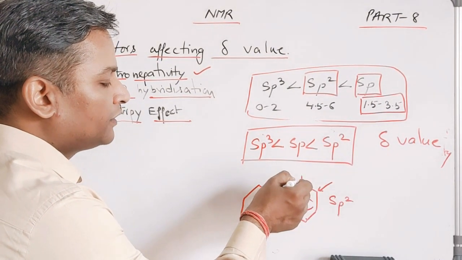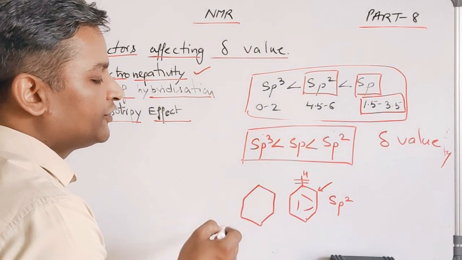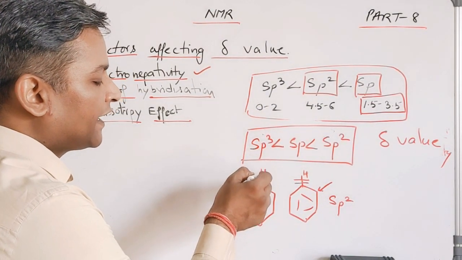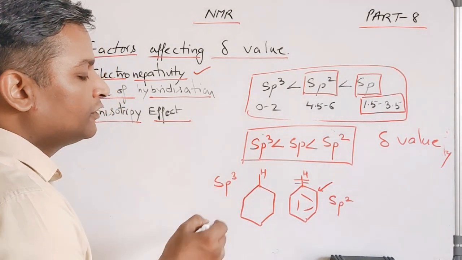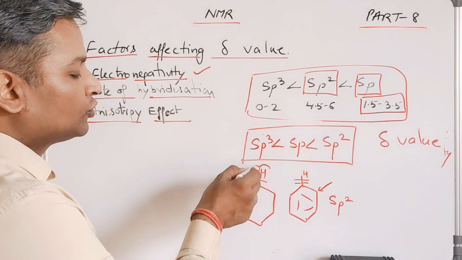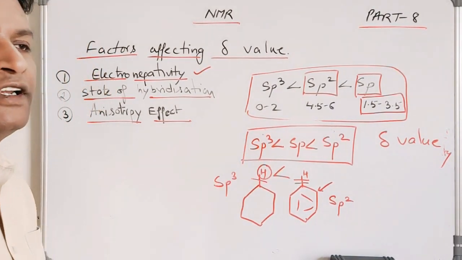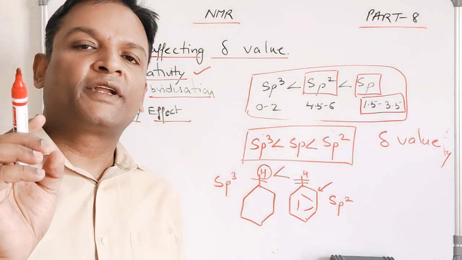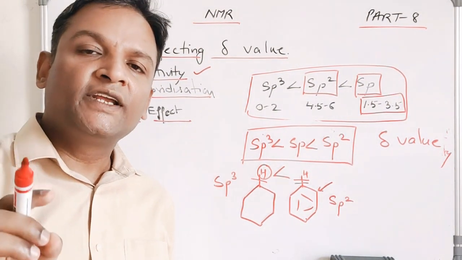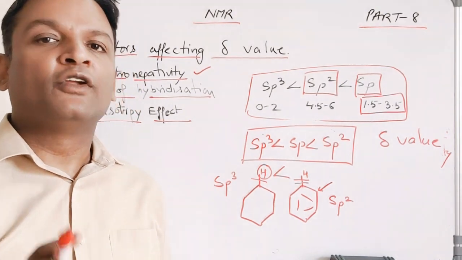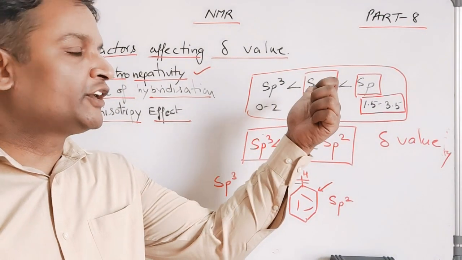So each proton should show high de-shielding, but in this case every carbon atom is sp3 hybridized, so it is less de-shielded, so a lesser value. So this should be clear to all of you that sp2 is showing a higher value than sp and sp3 hybridized orbitals.